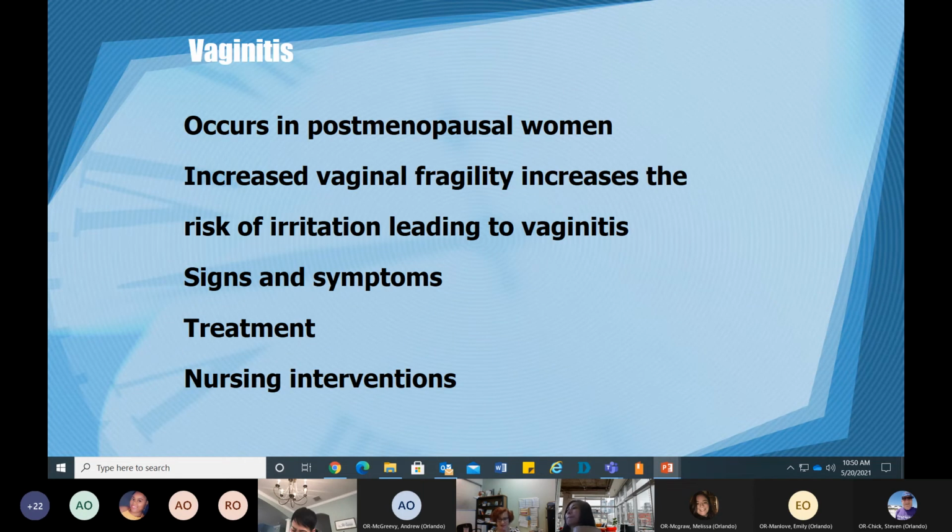If they're sexually active, they need to avoid the douches. Don't use perfume soaps, you know, the typical things, wear the cotton underwear, no sprays, all right? Keep everything clean and definitely use a lot of lubricant during intercourse. All right.